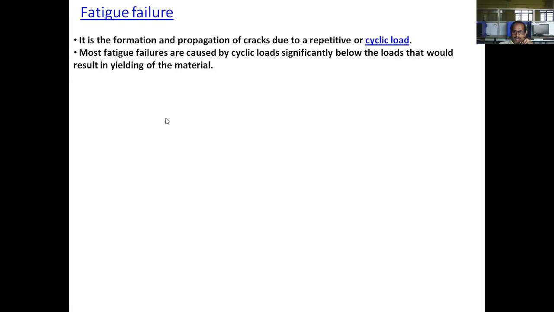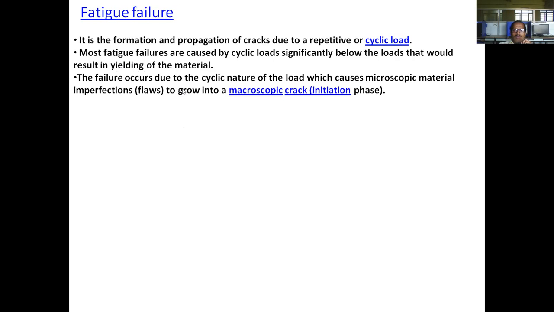Under cyclic loading, meaning compressive and tensile stress, the material will fail below even the ultimate tensile stress, meaning at yielding stress it will break. Actually it is supposed to break at ultimate tensile stress, but due to repeated cyclic loading, the material fails even at yield strength.